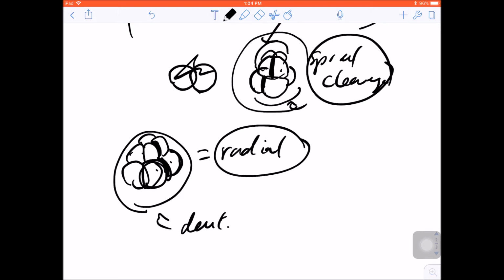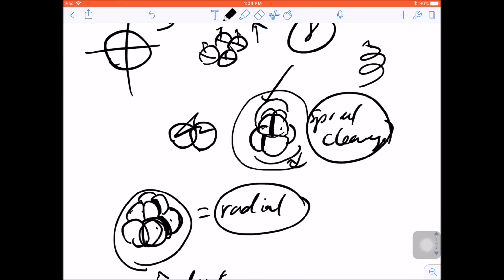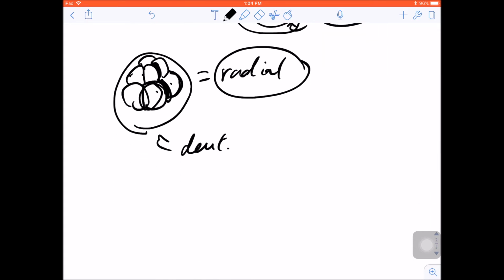In the spirally cleaved protostome, each one of these cells already has a specific fate. So if you remove one, the resulting animal that grows out of that will be missing a large chunk of its tissue. Right? Each one of these cells already has a specific fate designated for it in the future. Cool.